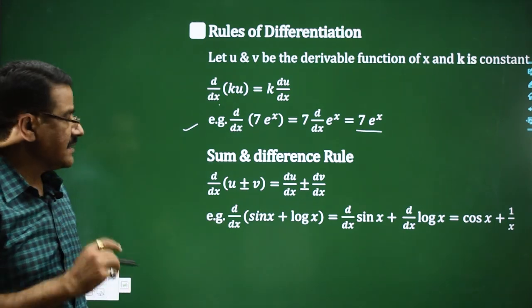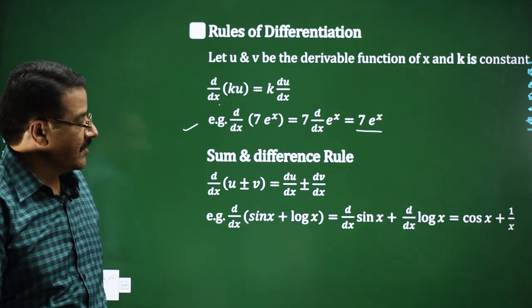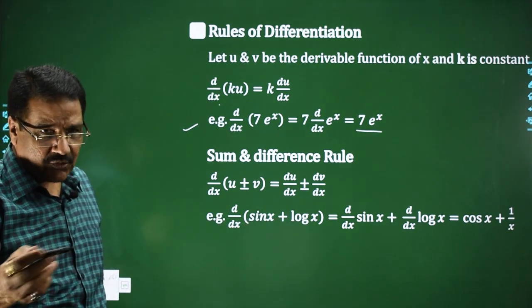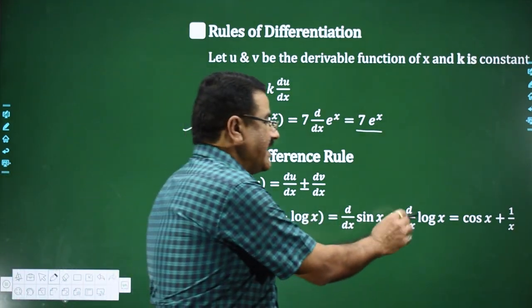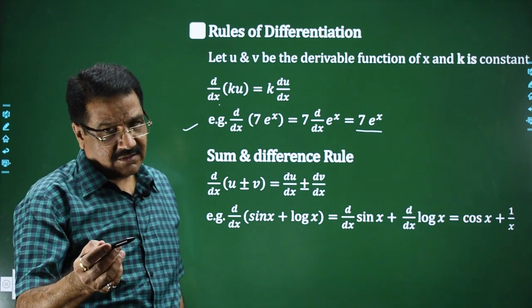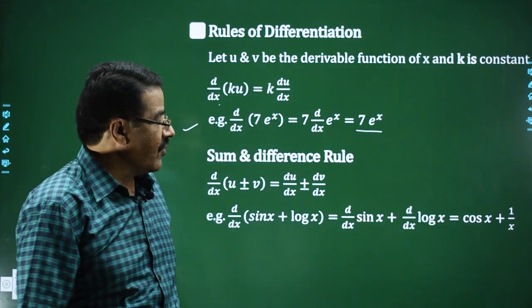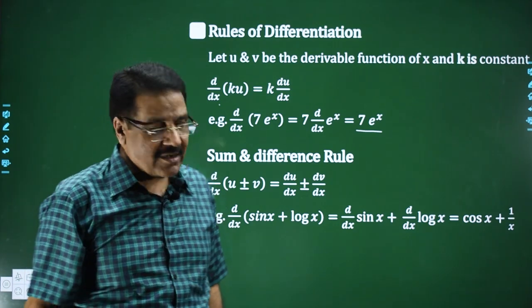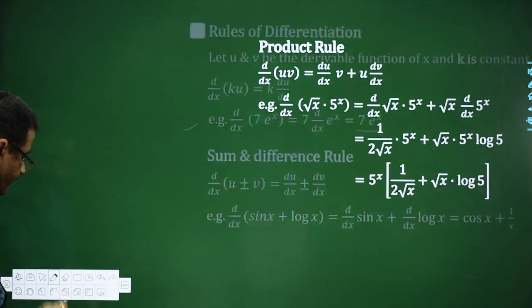Let us take an example: d by dx of sin x plus log x. We have to split it into two parts, that is d by dx of sin x plus d by dx of log x, and you must know the formula: derivative of sin x is cos x and derivative of log x is 1 upon x. So, this is sum and difference rule.